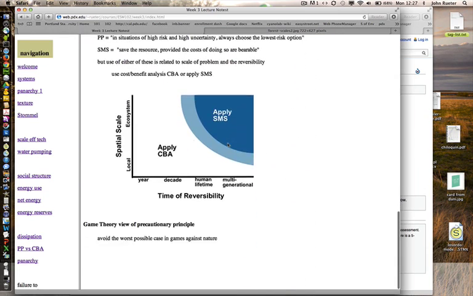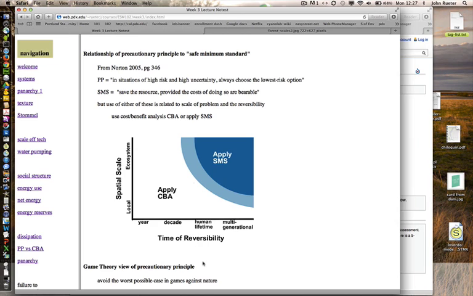And that relates to scale. If we look at projects that we might propose in terms of spatial and time scales, spatial, we could have local versus full ecosystems, and the time of reversibility: if you go and do something, how long does it take for that to really go back to how it was before? So if it's local, or even if it's fairly large but reversible, then you can apply this cost-benefit analysis, which just means what are the costs of it, what are the benefits.